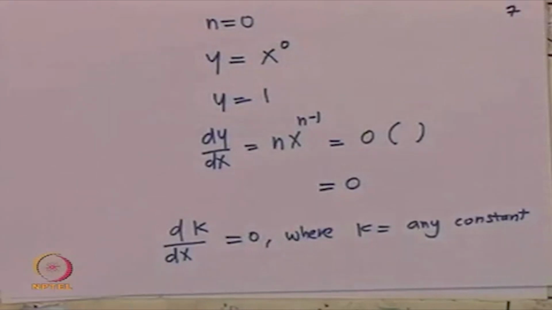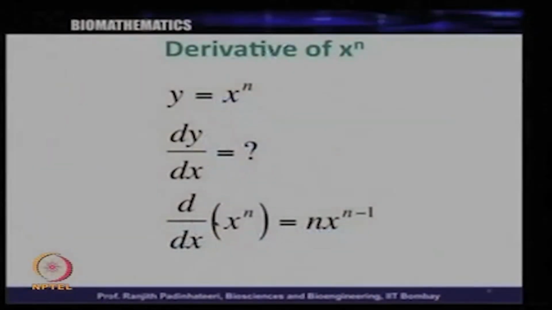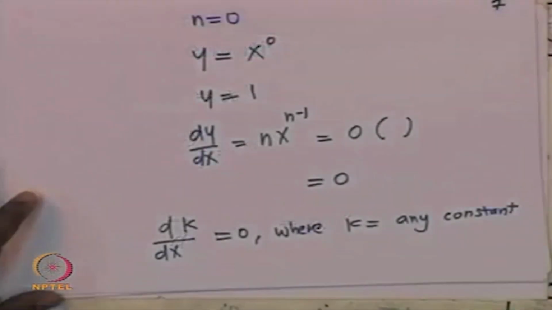Again, we are not learning anything new, we just applied the rule we learned. The rule is d by dx of x power n is n x power n minus 1. This is the golden rule that we should remember. Once we remember this one line, everything we saw so far in this lecture follows from it.